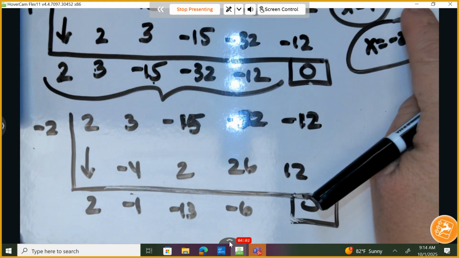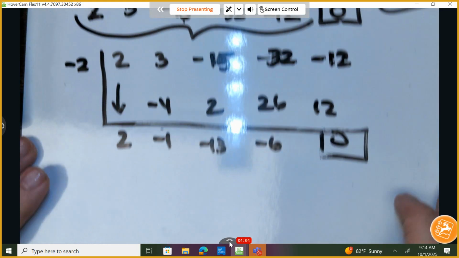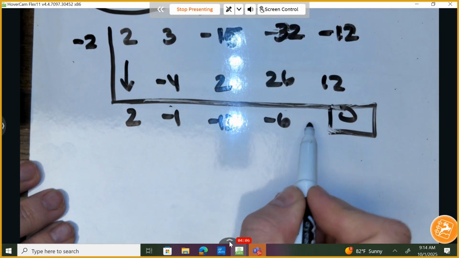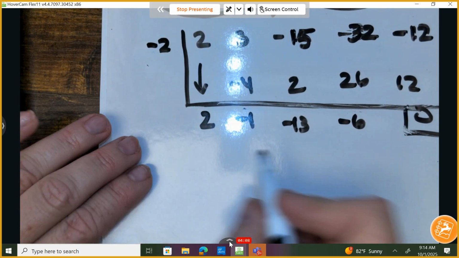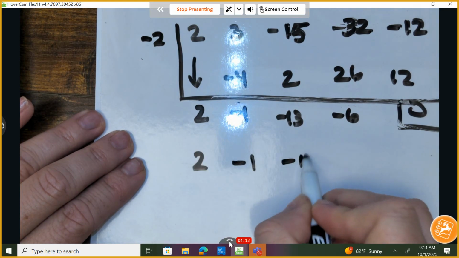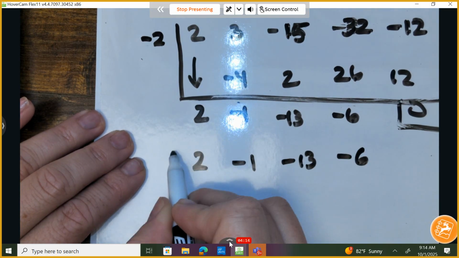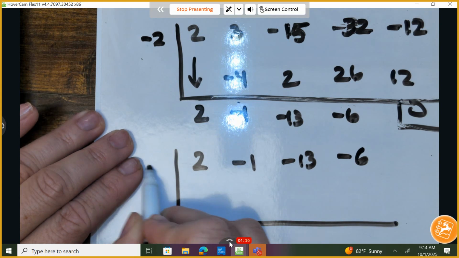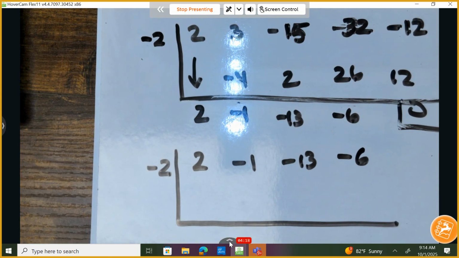So I've tested 1, negative 1, 2, negative 2, right? I still have 4 things remaining, and I want to go until I only have 3 left. So I'm taking this portion, so 2, negative 1, negative 13, and negative 6. I would like you right now to test negative 2 again. We don't need to test positive 2 because we know it didn't work. We don't need to test 1 or negative 1. Test negative 2.